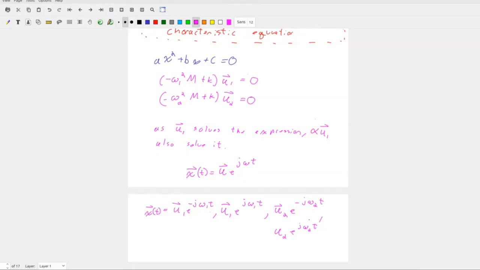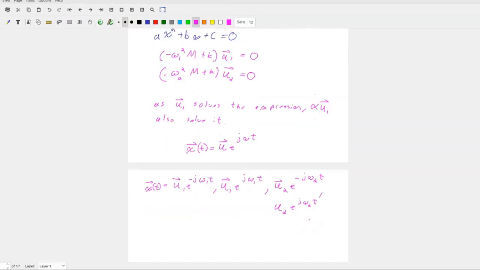Since the equation to be solved is linear, the solution is the sum of solutions, right? So I can add these all up to get a sum of solutions. I can also throw in arbitrary scaling factors that I have to solve for later, because it's a sum of solutions. Because it's linear, again, our only saving grace in this class is everything is linear.